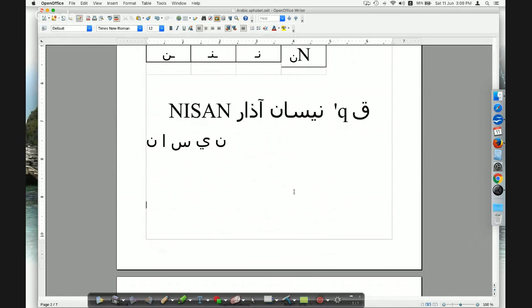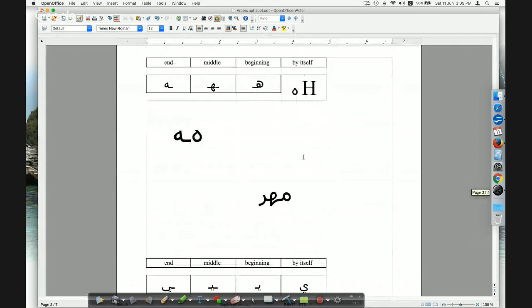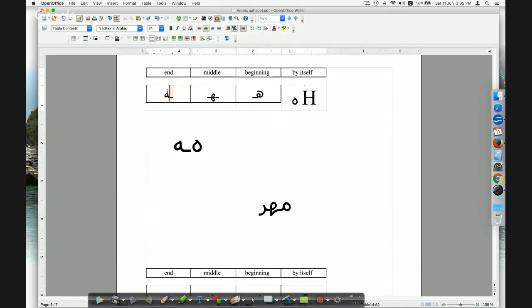So let us go here and let us learn this rule together. If the letter before the ha, remember we are talking about ha at the end, correct? Only at the end now. It looks like this, or it might look like that too, as I said.